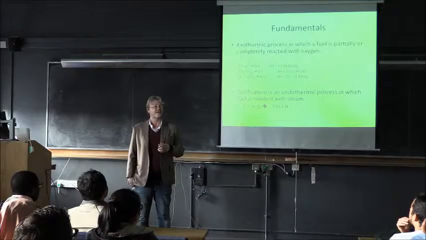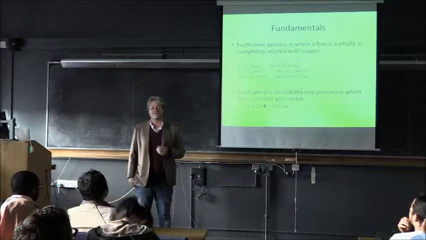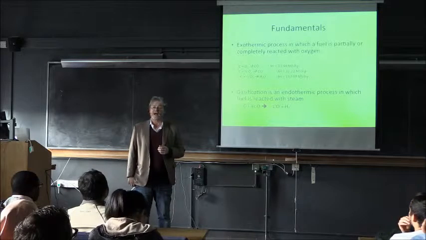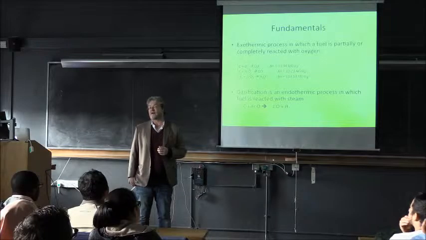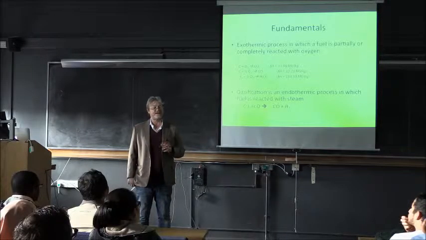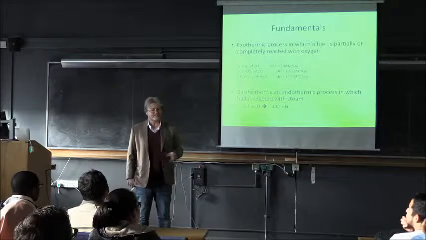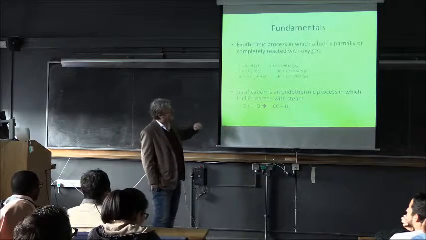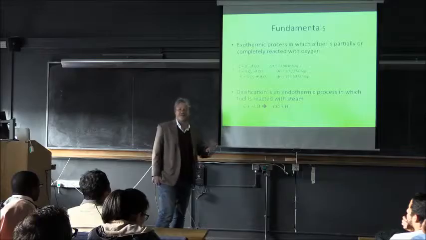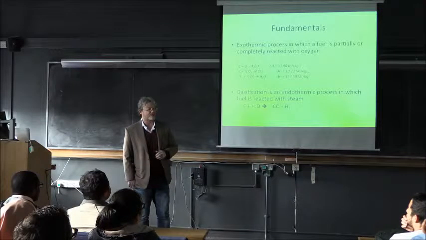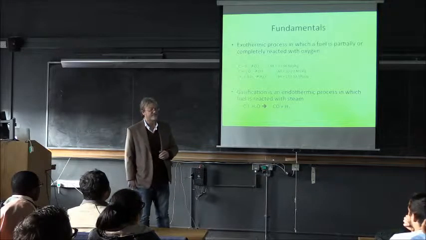Sometimes people call it the ideal combustion mixture. As it happens, fuel is hardly ever burnt in the ideal mixture for reasons that I'll explain to you. So basically, that's the reactions that you need. Forget about gasification, it's equally important, but not the topic here.